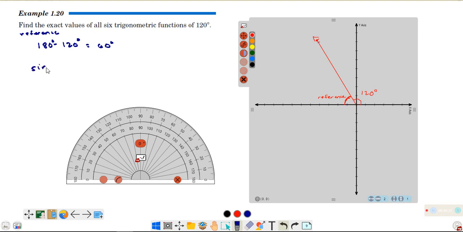So sine 120 degrees is the same as the sine of 60 degrees. The cosine of 120 degrees is the same as the cosine of 60 degrees, and so on. Lahat ng trigonometric function values ng 60 degrees ay kaparehas ng trigonometric function values ng 120 degrees.